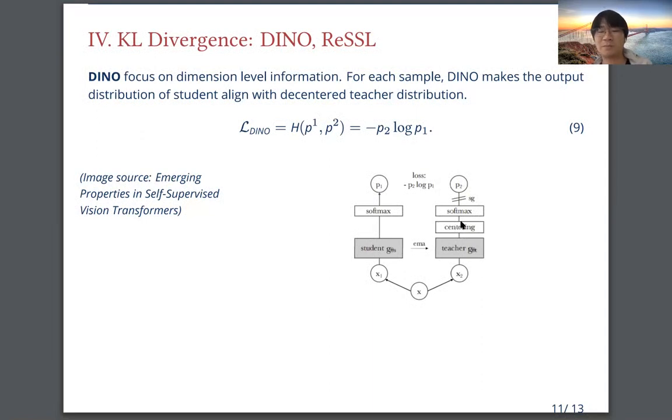After this, they put the representation into softmax, and then they get P1 and P2. And finally, they calculate the loss by KL divergence. They want the distributions of P1 and P2 to be very similar to each other. And they also put the stop gradient on the teacher side.